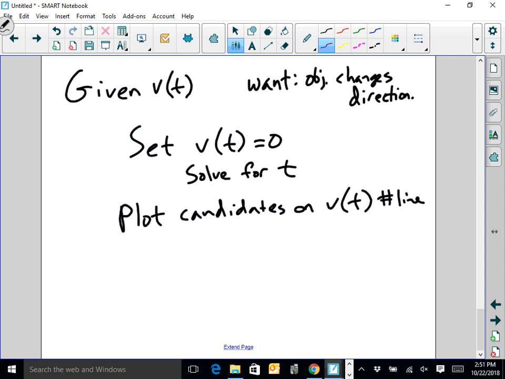So I'm going to plot, maybe I got 2, 5, and 8. I'm going to plot those on a v of t number line. Now I need to do a sign test around those candidates, and I'm only going to report answers if the sign actually switched at that number.